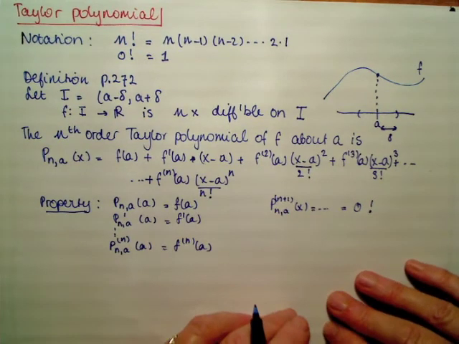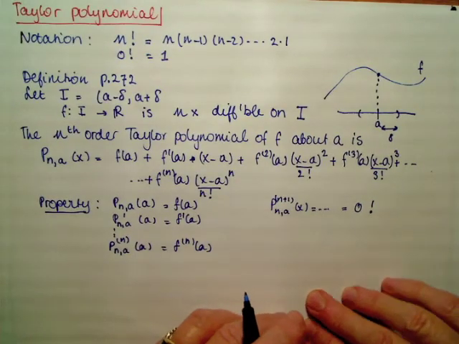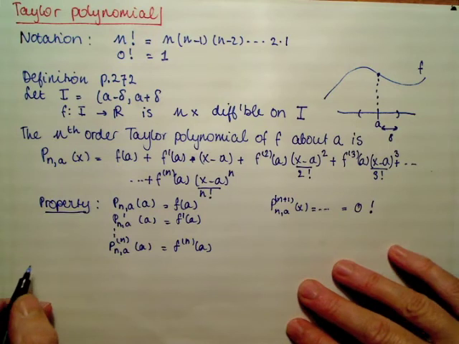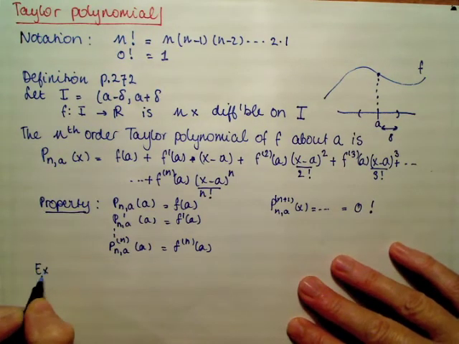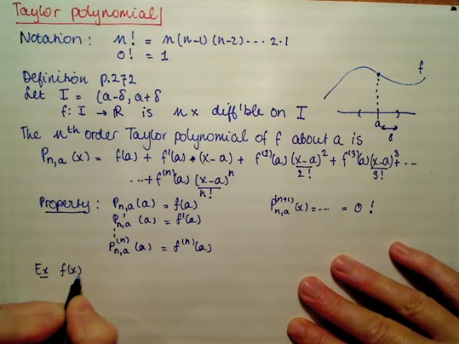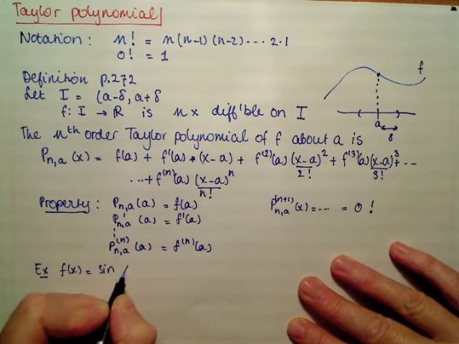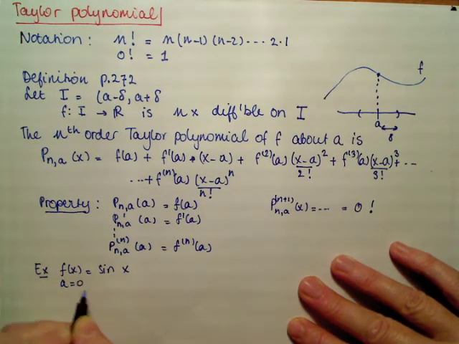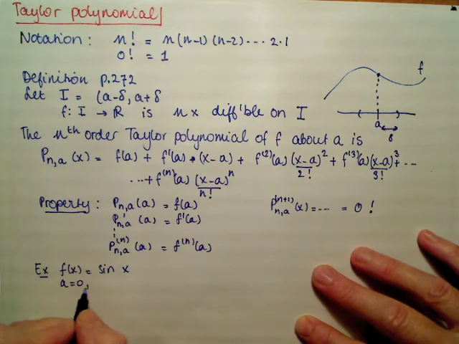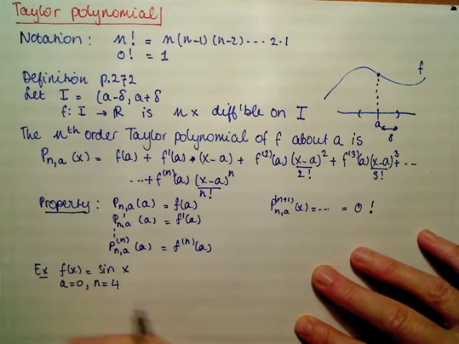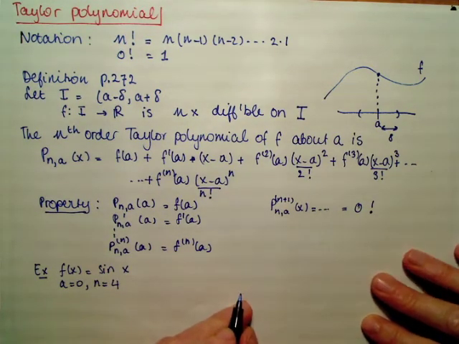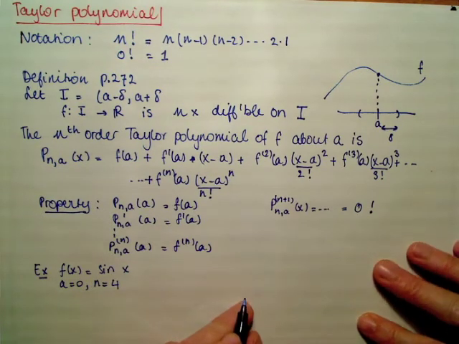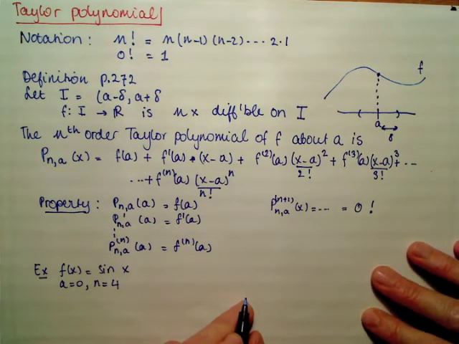Let me give some examples, one in this video, and then in the next video a few more. So we continue the example of our function f being equal to sine of x and our base point a being equal to 0, and we look at the fourth order Taylor polynomial. Now, what do we get?